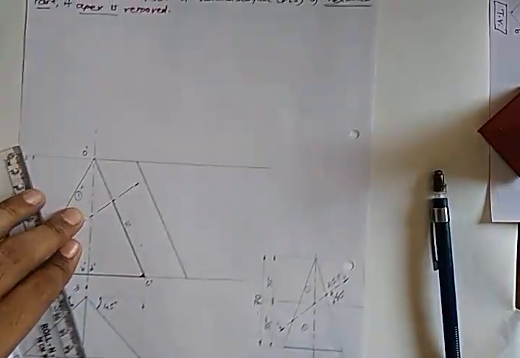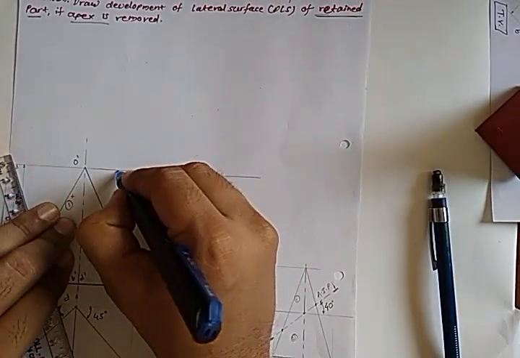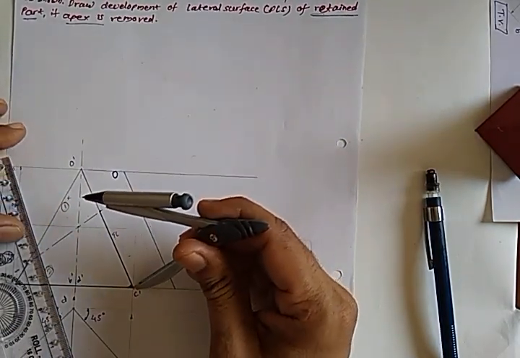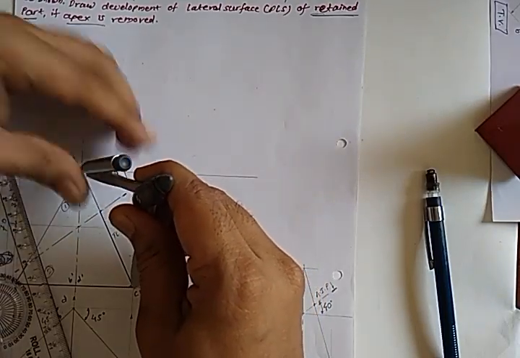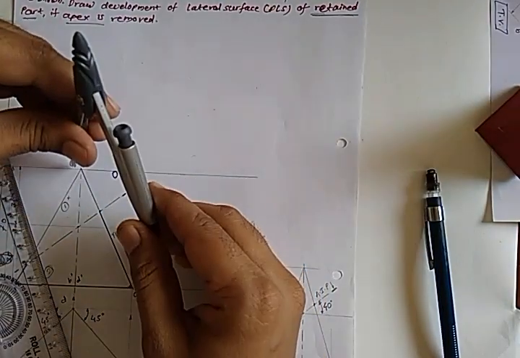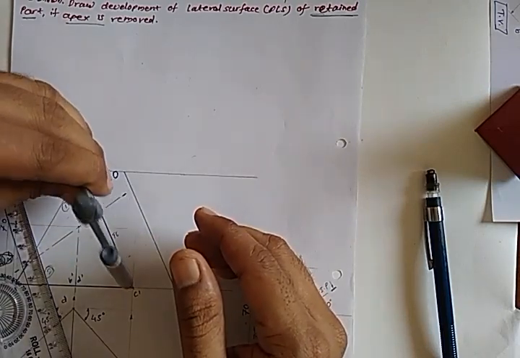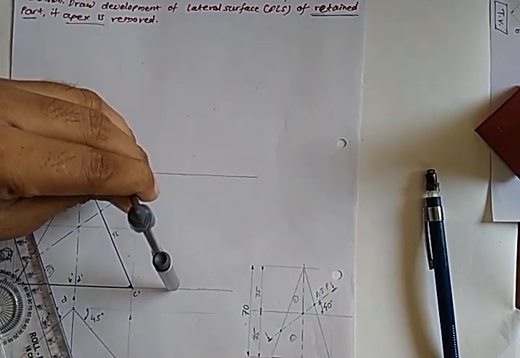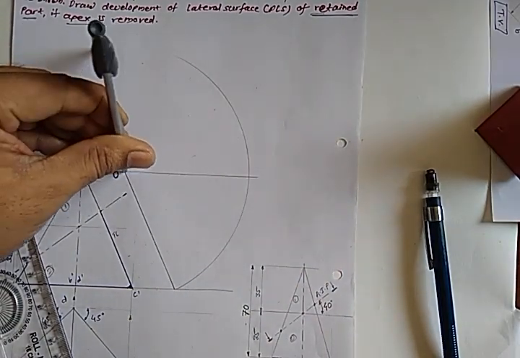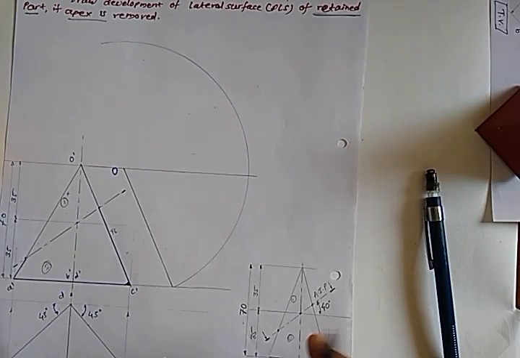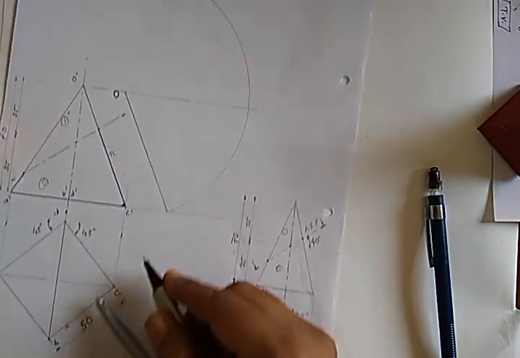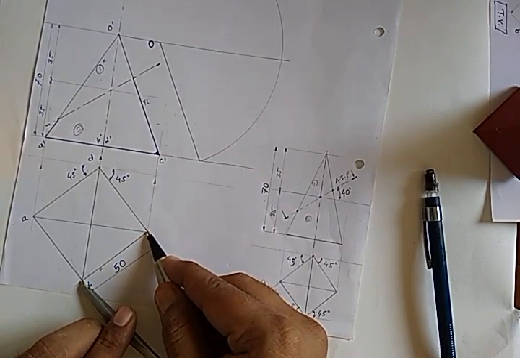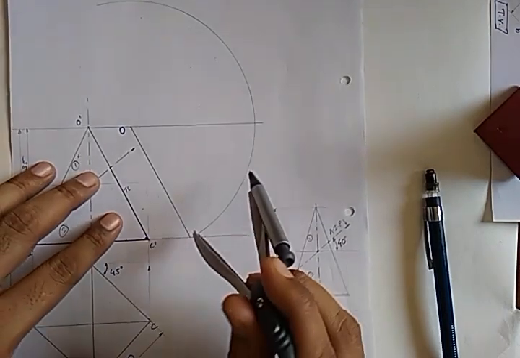Then I can mark here the point O, the new point. Then take O dash C dash as a radius. Take any one point on that parallel line that you have drawn, and draw one arc. Then take 50 mm as a radius in your compass and mark four arcs.